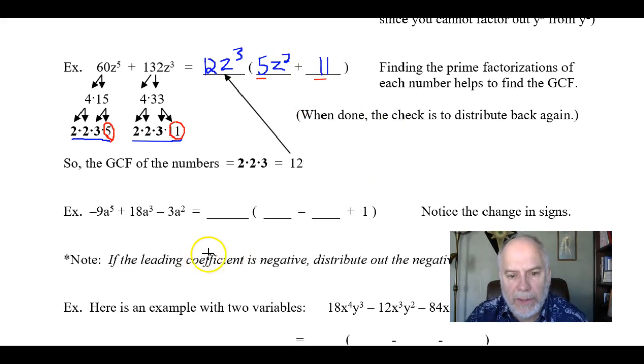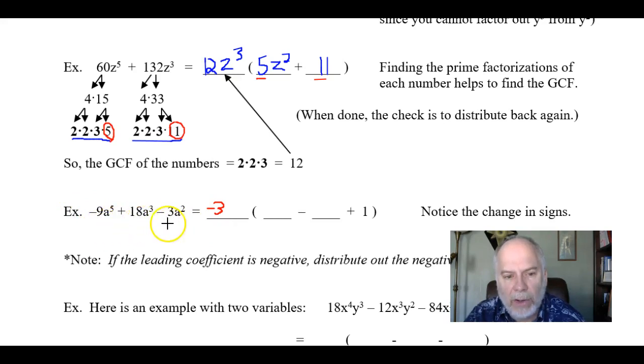All right, so then this next example, if you think about this, okay, what's the greatest common factor for the numbers? Well, obviously 3 goes into everything, but because this first term is negative, it's the highest power term and it's negative, I'm going to actually distribute out a negative of that greatest common factor. But it has to be in everything. You can't use 9 because 3 is not divisible by 9.